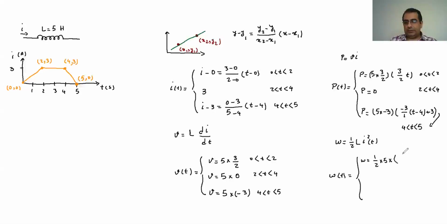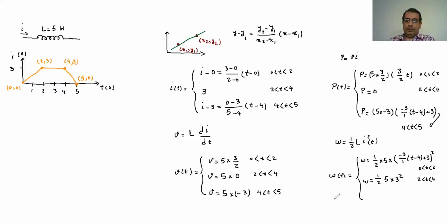So I'm going to just write here again, negative 3 over 1 t minus 4 plus 3 to the power of 2, between 0 and 2 seconds. And then we have W for the second one, which is again half of 5 times the I, which is going to be 3 to the power of 2, and this is for t between 2 to 4 seconds.